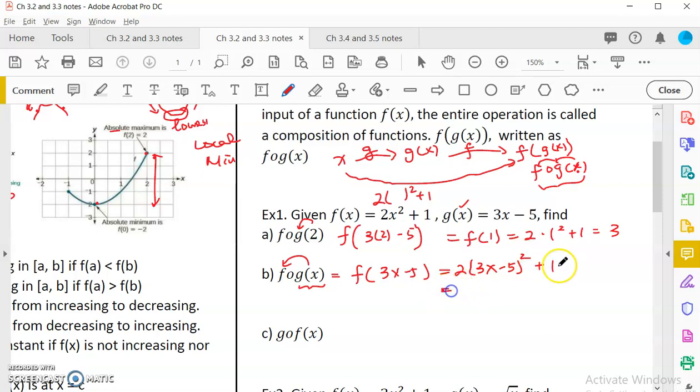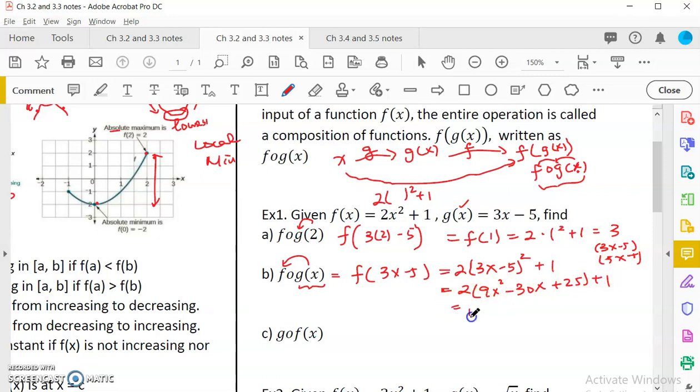And of course, if you want to combine like terms with the 1, you have to FOIL everything out. So 3x minus 5 times 3x minus 5. You have to FOIL it. It will be 9x squared minus 15x, and then minus 15x, so minus 30x plus 25, plus 1.